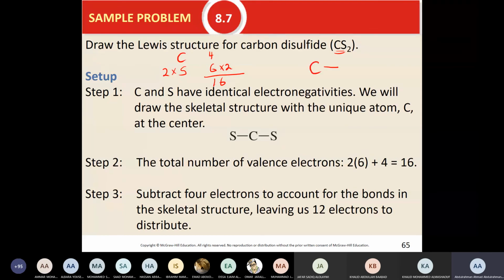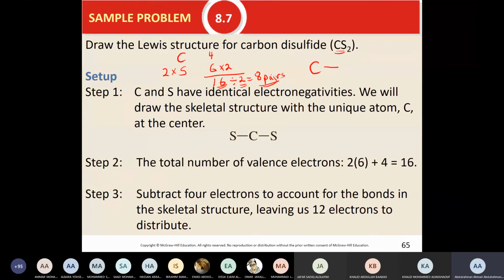16 electrons means how many pairs? 8 pairs. Why did I divide by 2? Because a pair consists of 2 electrons.